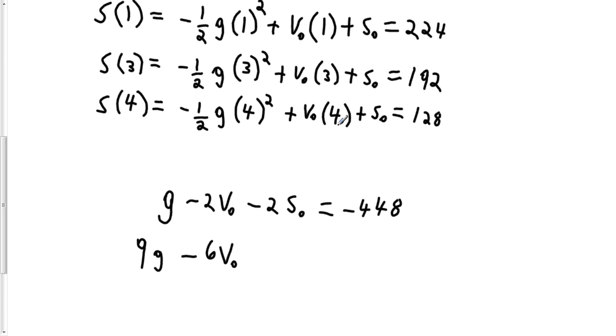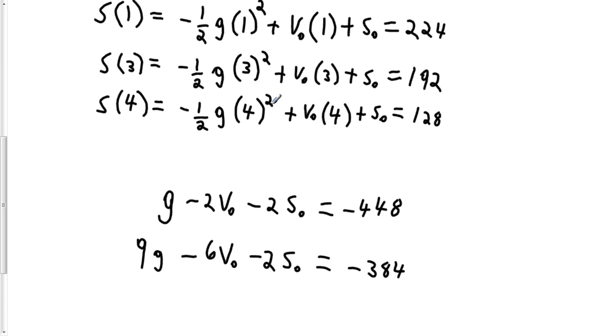And then I still get negative 2 s sub 0. And when I multiply 192 by negative 2, I get negative 384.